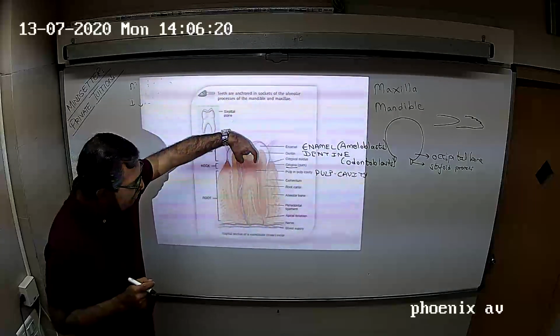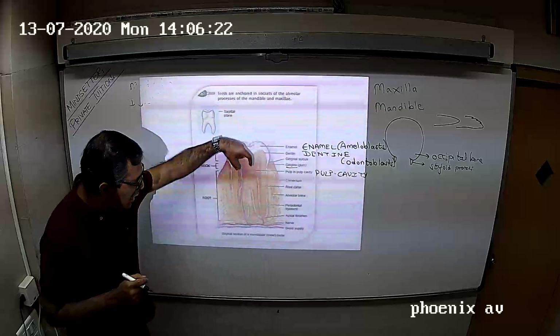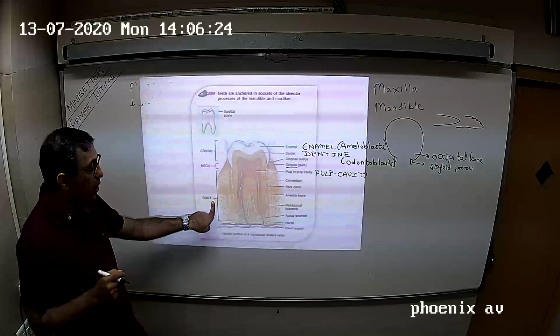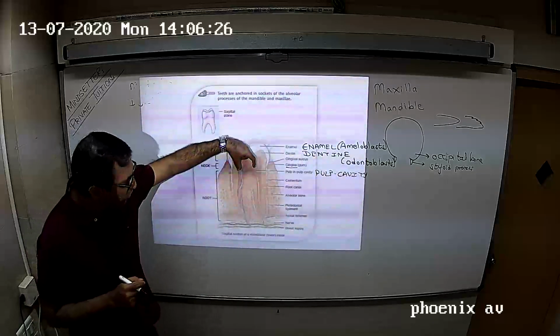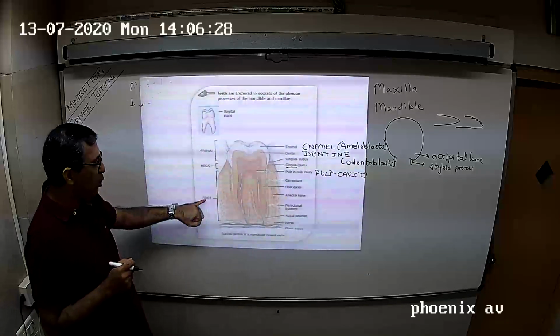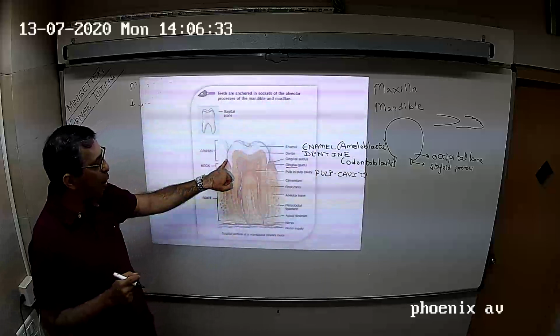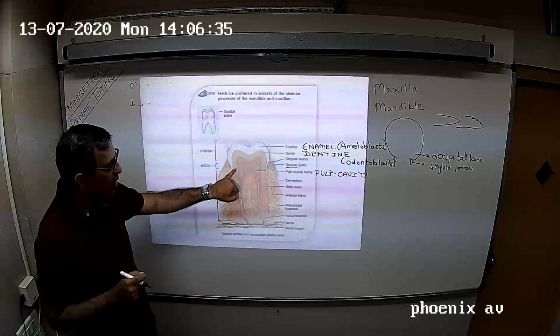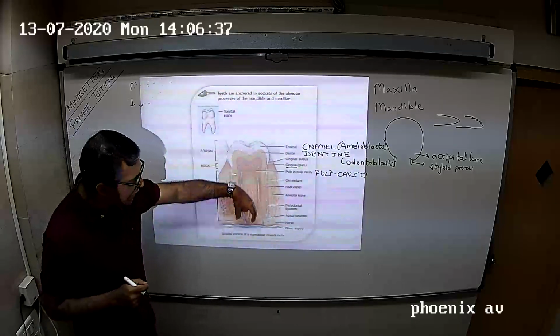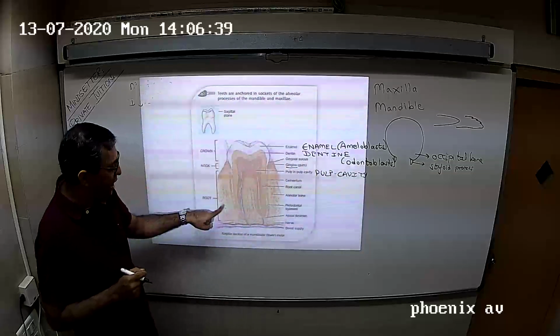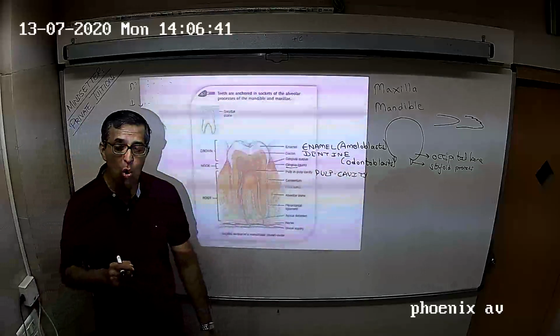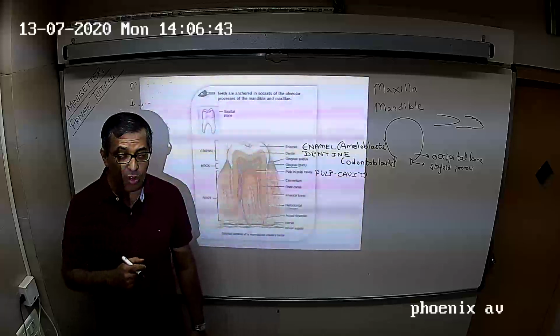And the tooth, when it fits in the socket, is called the root. So we have shiny part called crown, gums जहाँ होते हैं called the neck, and the tooth fitting in the socket, that socket part is called the root. This is the structure of a tooth.